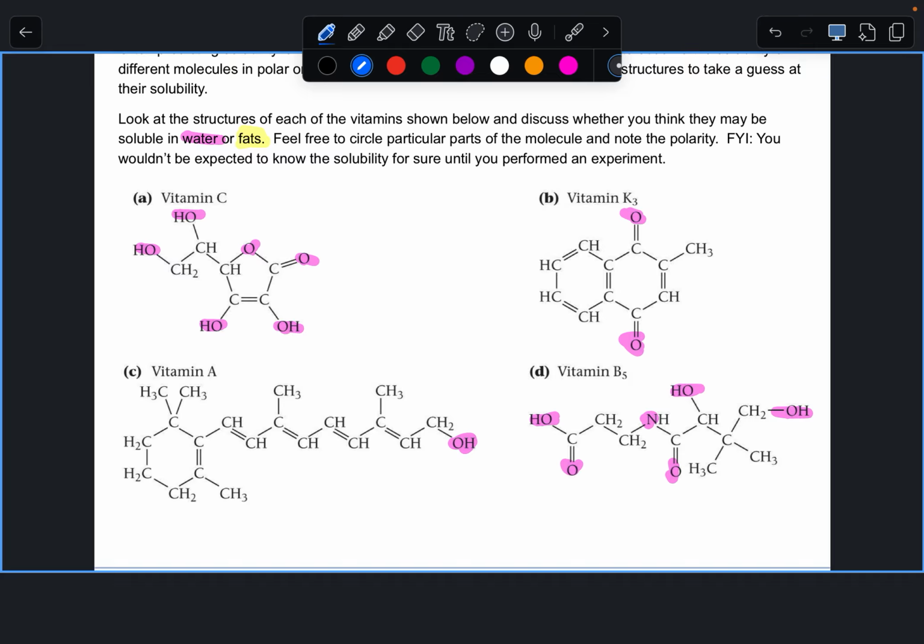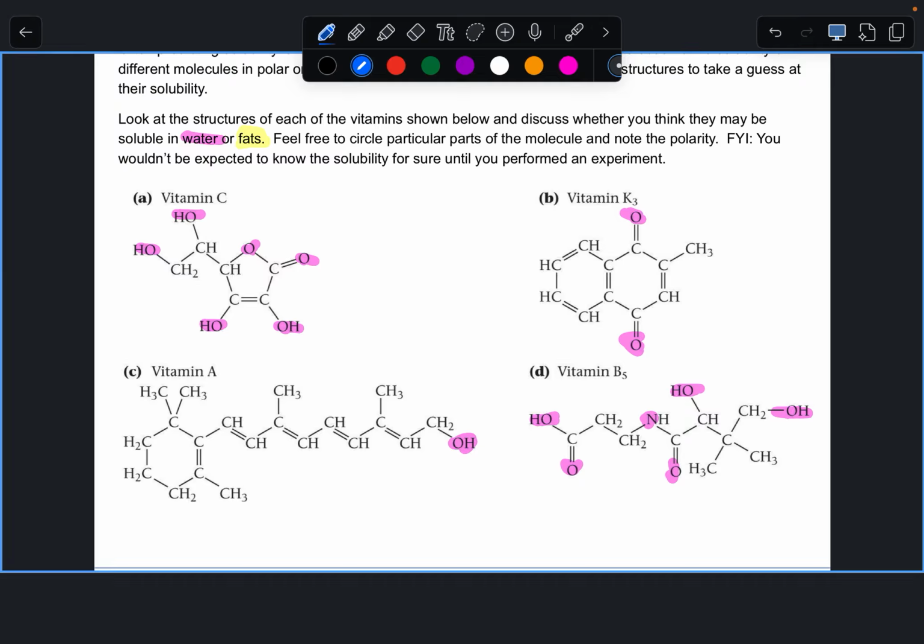Okay, so these are guesses, but looking at vitamin C, there's lots of things on that molecule that exhibit polarity. And the other thing that I'm noticing is that they're all very spread out in the molecule. So it's not like there's a particular side. Like if you look at vitamin K, it's got two areas. When an oxygen's bonded to a carbon, that's a lot less polar than if you also have that oxygen bonded to a hydrogen.